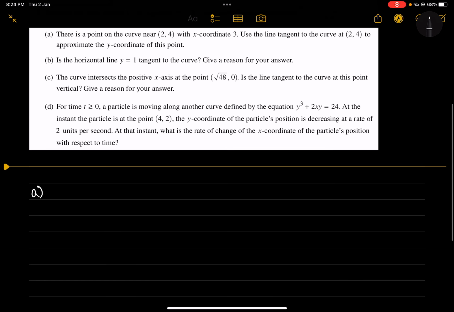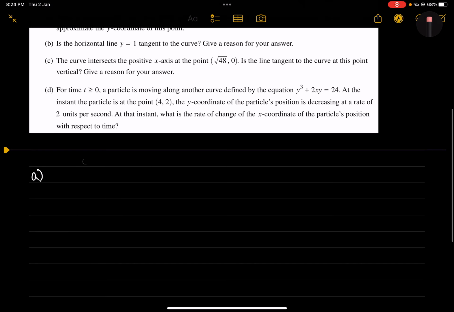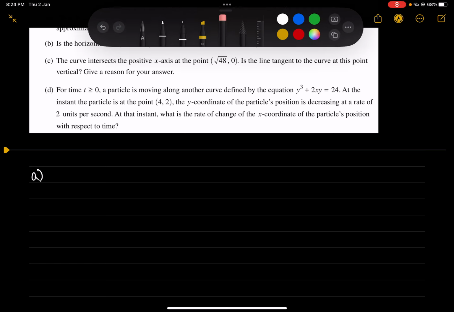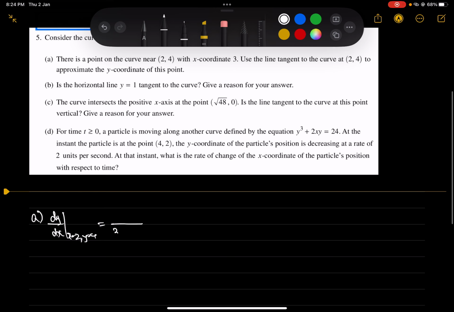So A is, well, okay, you know what? Very easy. Let's find dy/dx at x equals 2 and y equals 4, which is just 3 plus 4 times 4, negative 2 times 2, which is negative 4 over 19.